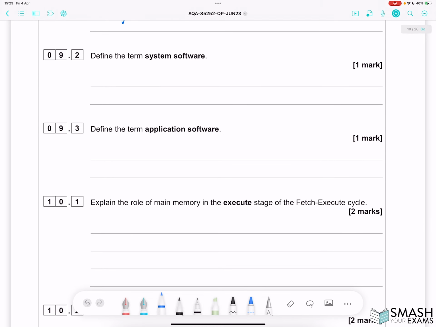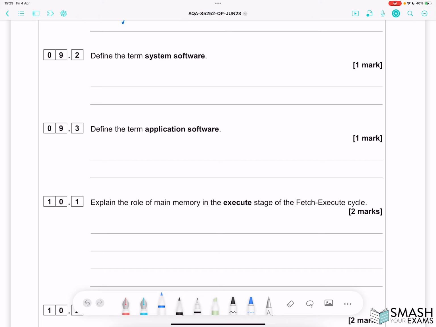Define the term system software. Okay, so we're diving into software types now. So we've got system software with a follow-up question on application software. So let's get our brain in that sort of space then. So system software is when we talk about software that can somehow help with the function of the machine itself, okay?